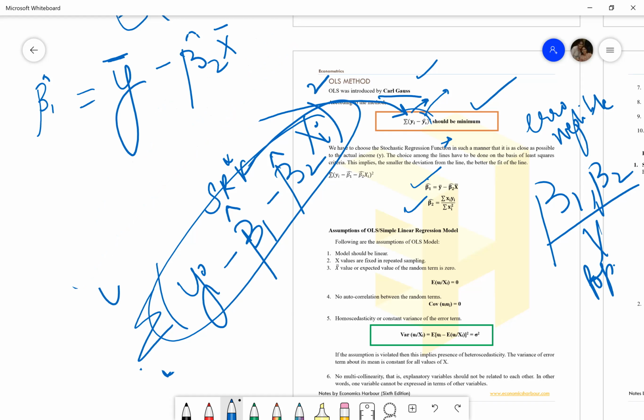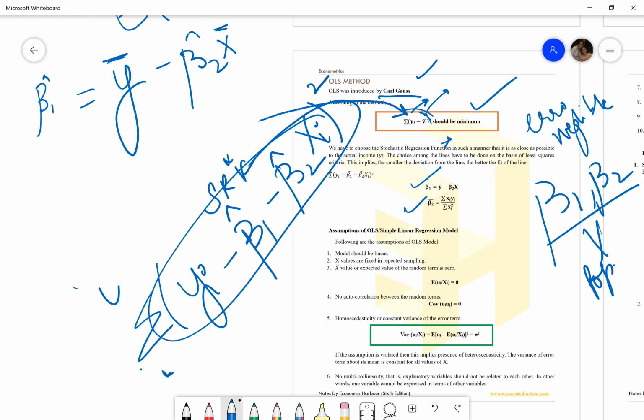Why are we taking the mean here? Because, you remember, the deviations from your mean are a minimum. That is why we are assuming that it is the mean. So start using your statistics concepts here.